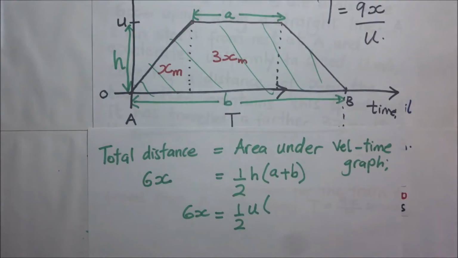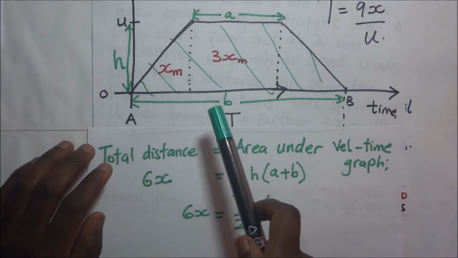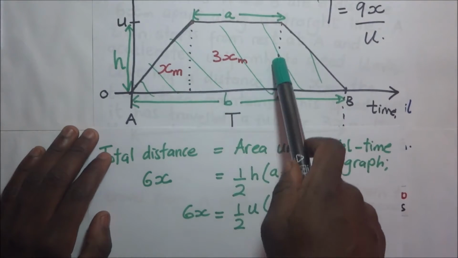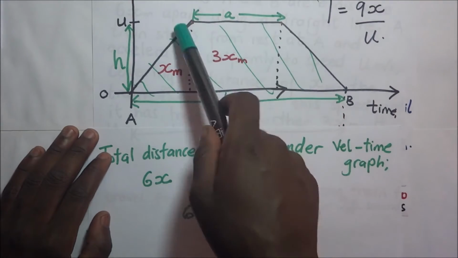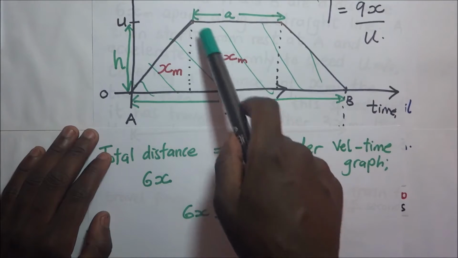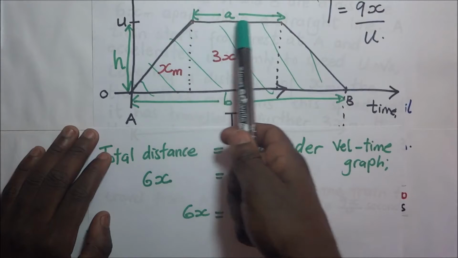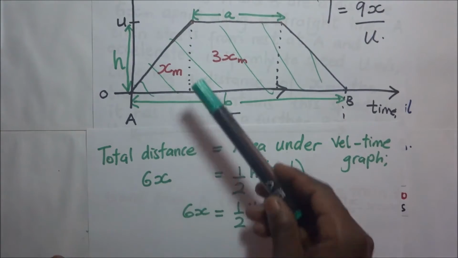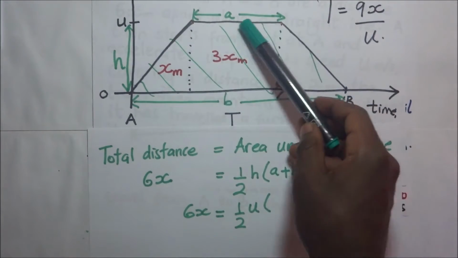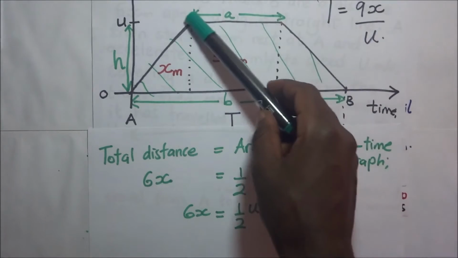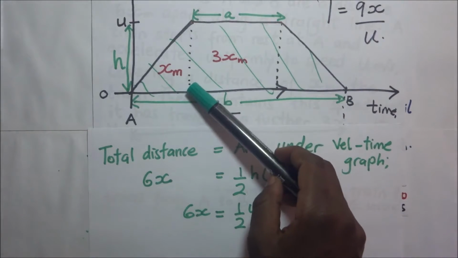To get our value of A, we know that the area under this portion is equivalent to 3x meters, the distance covered under this portion when the car was maintaining this velocity. And we know that the area under this portion is going to be length times width because it is a rectangle.